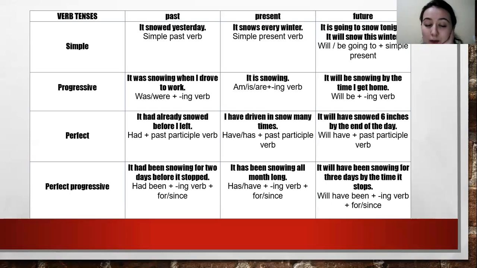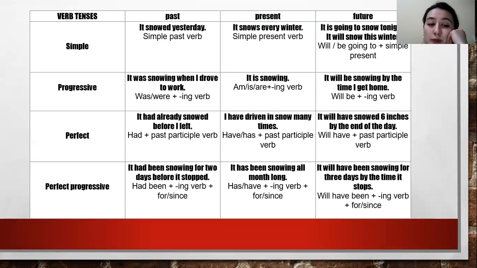There is another name for this tense. Here we'll need had been plus ing, and of course signal words are for and since. For the three tenses of perfect progressive, we need for and since. These are the main signal words.